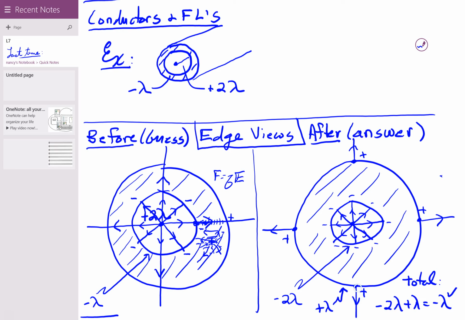In our diagram, those 4 charges by our convention correspond to a charge of plus lambda on the very outer surface. And then if we look at the final total charge on the conductor, it's minus 2 lambda on the inner surface plus lambda on the outer surface, which sums then to a negative lambda. So that is exactly the charge that we had placed on the conductor in the first place.